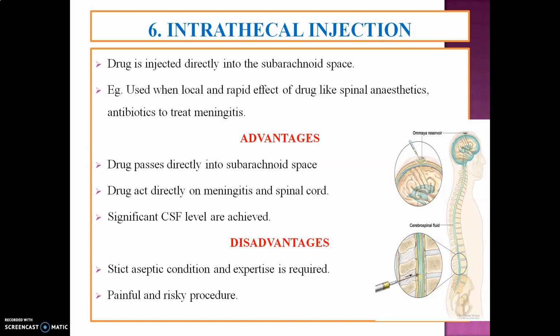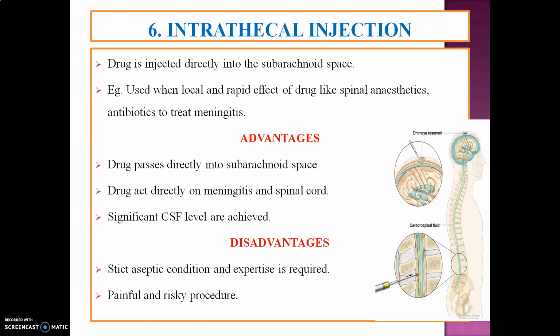For example, it is used when a local and rapid effect of a drug is needed, like spinal anesthesia, or antibiotics to treat meningitis. Meningitis is nothing but a disease or inflammation of your meninges. So whenever there is a disease or infection of your meninges, you go for this type of intrathecal injection.